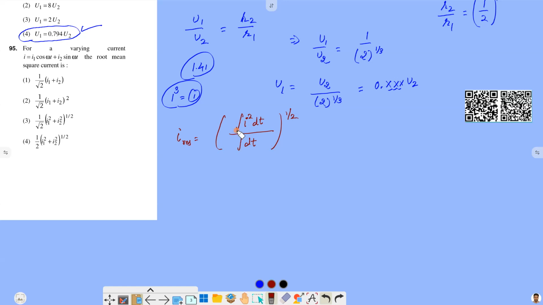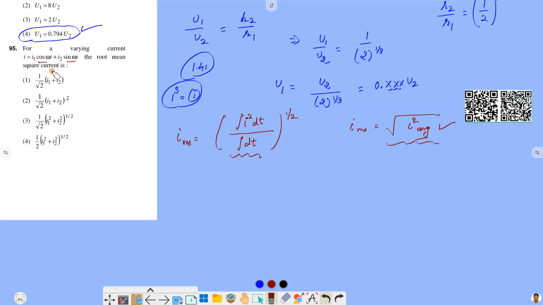It involves integration, and we have another method also, that I RMS is equal to under root of I square average value. This is basically the average value of I square, and we can also use this method. I will be using this method here, that I will be finding the average value of I square. Why? Because regarding average, we know some average values, because here sine theta and cos theta are involved.